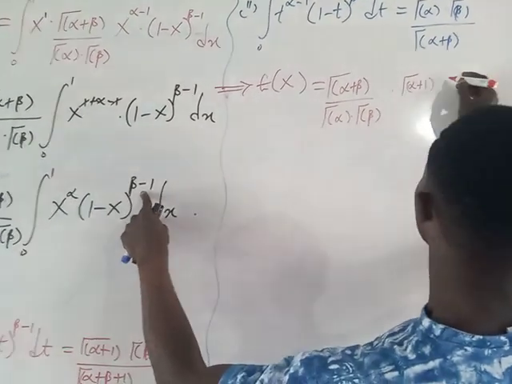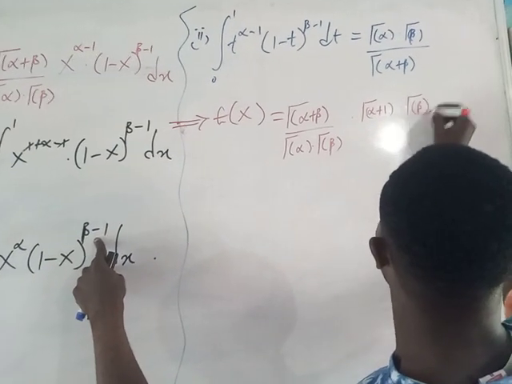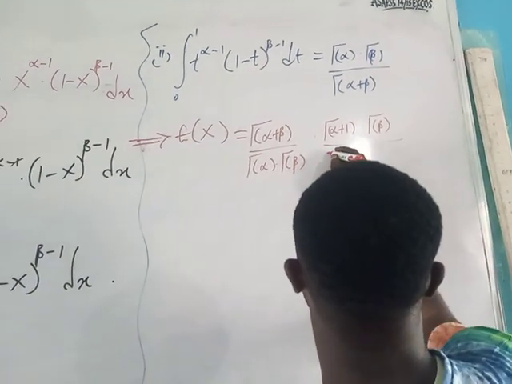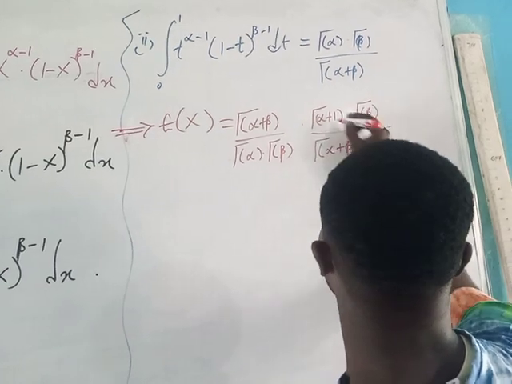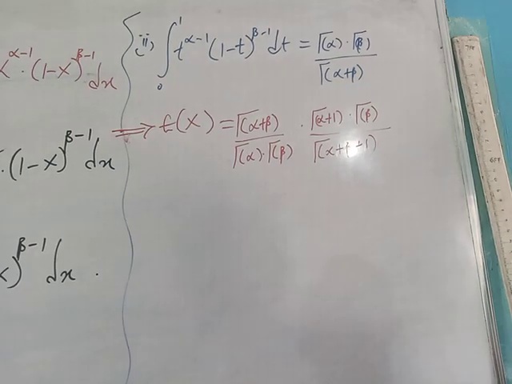Then when you add 1 to this, times gamma beta, all over this plus this, which should be gamma alpha plus beta, then plus 1.